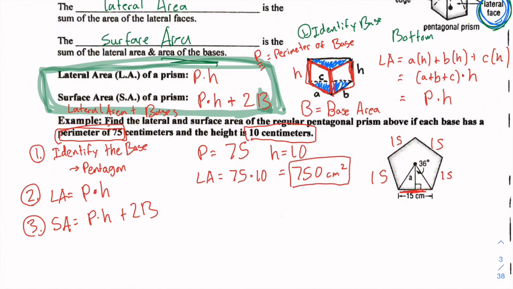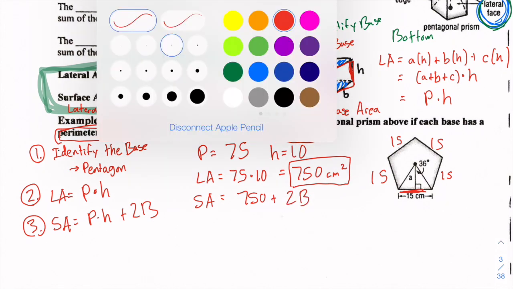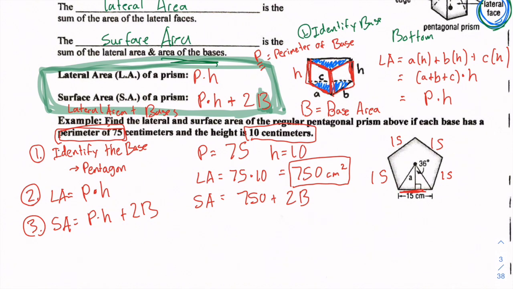Okay, so now for surface area equals, we know this is 750 plus 2 times the base area. And now from here, it's just old school chapter 11 stuff. This B, the base area, what is the base again?